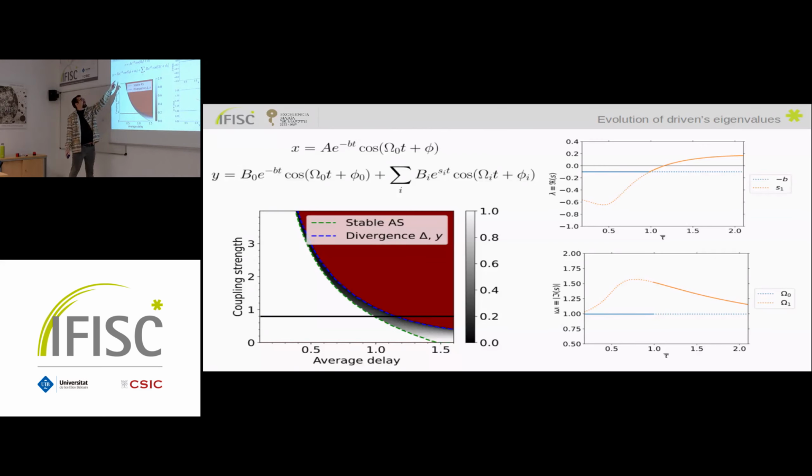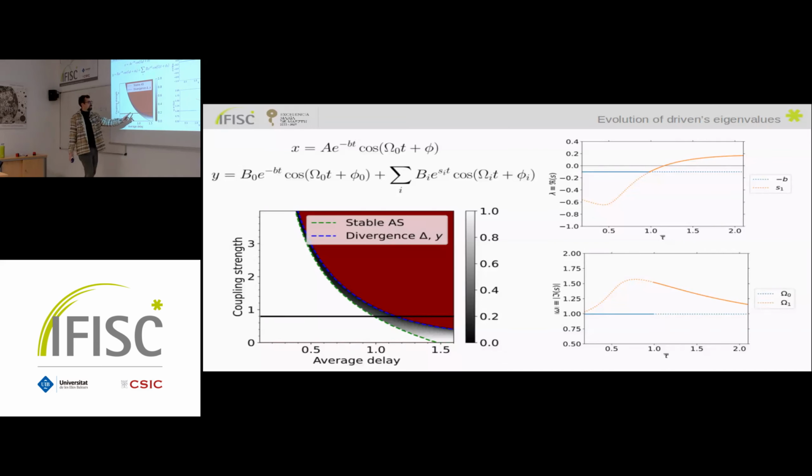Then at this point, which is exactly on this line, this second eigenvalue becomes the leading eigenvalue. And with that, you can see that there is also a jump in the frequency of the system. This is what we saw before when we plotted the trajectories, that inside of this region, the frequency of the second system was greater.